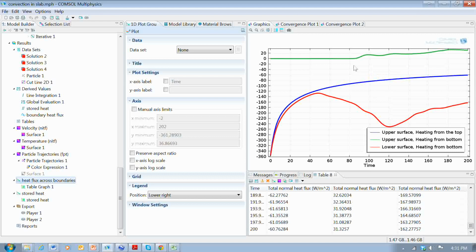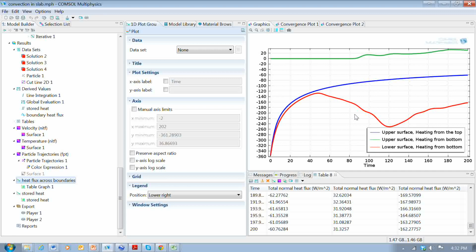So this is the upper surface, and this is the onset of convection right here, and then about 40 seconds later, the heat is starting to arrive up at the upper surface, and we get heat flux up at the upper surface increasing.